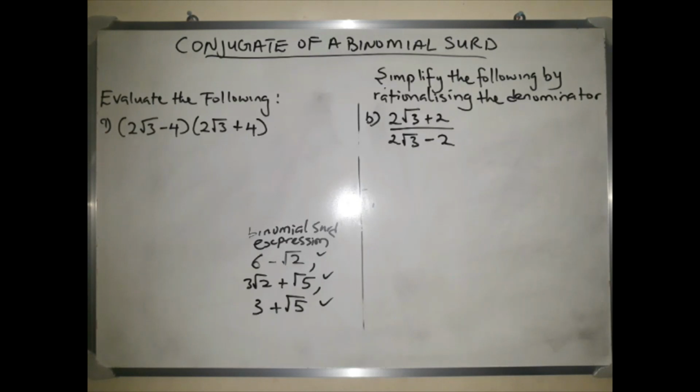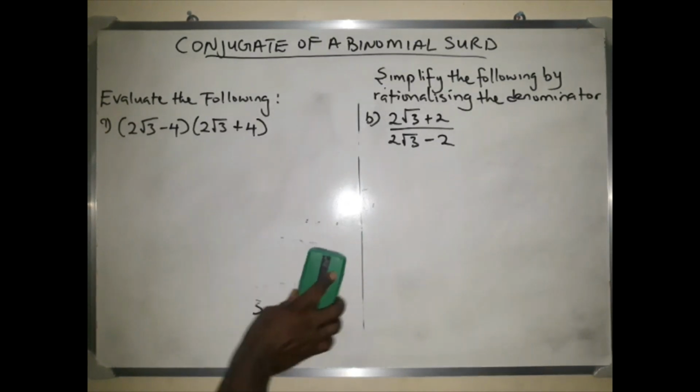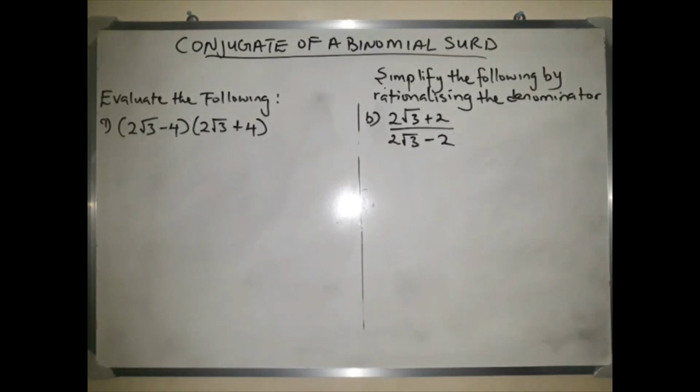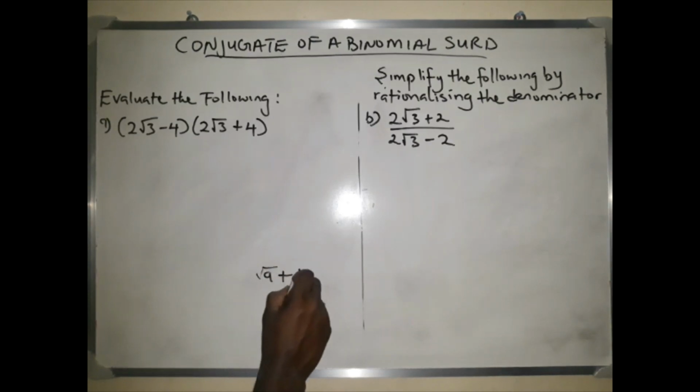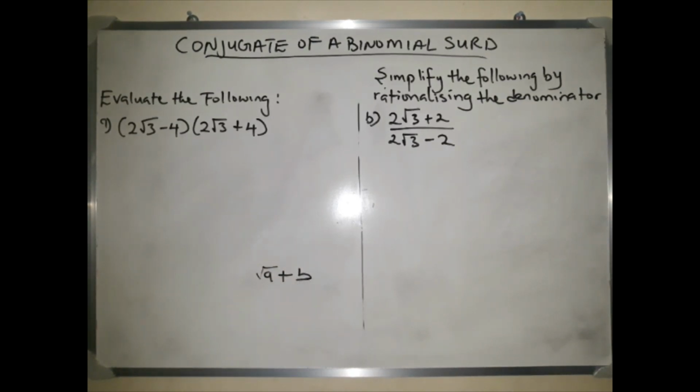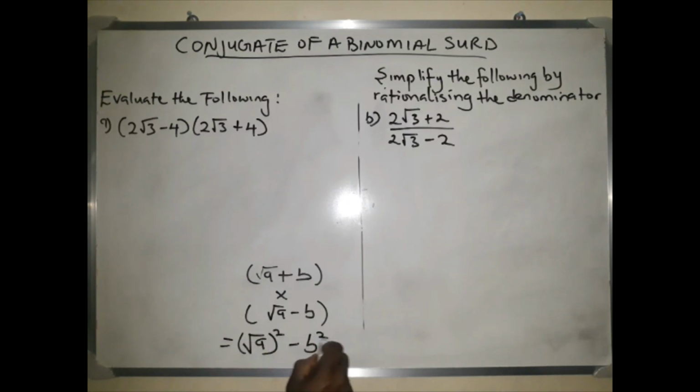For example, to rationalize this expression, root a plus b, we multiply it by root a minus b to get root a squared minus b squared, which is a rational number.